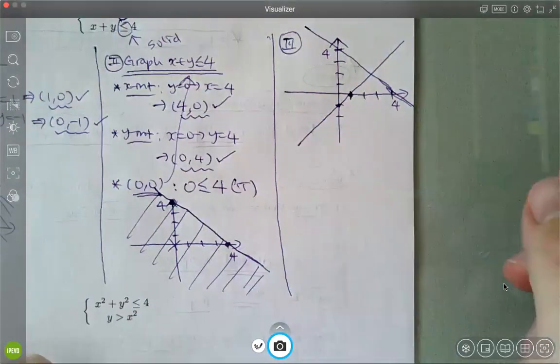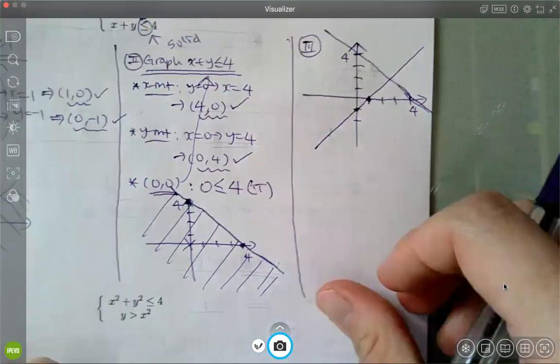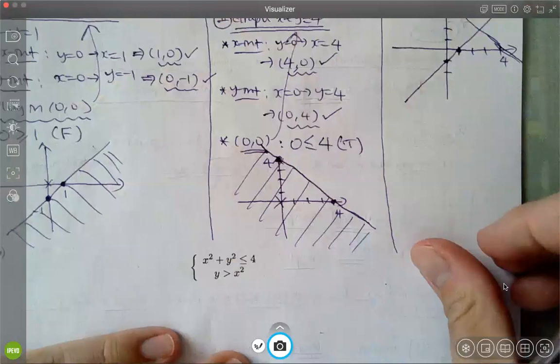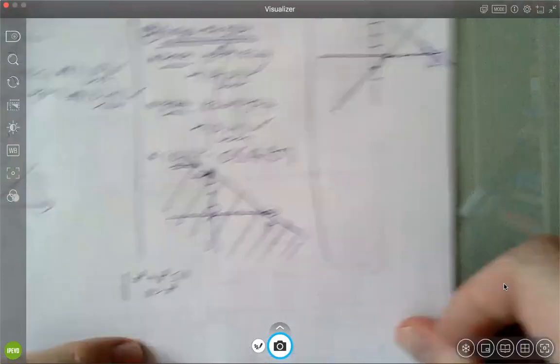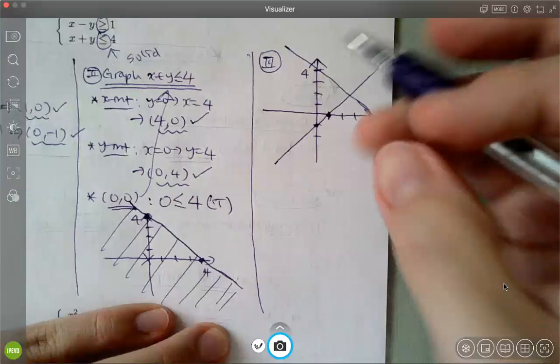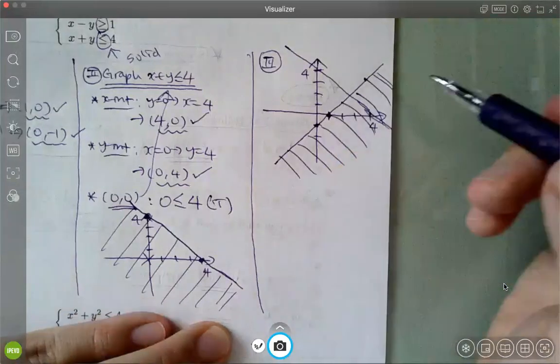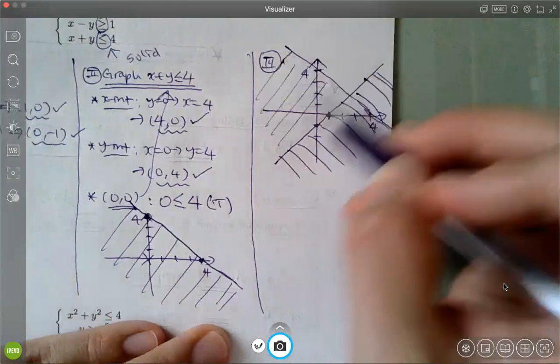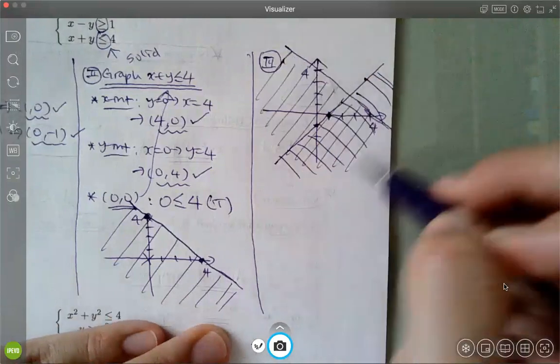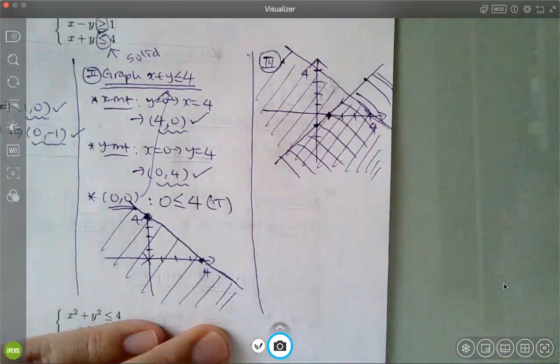And now, where do we shade? So both are below lines, right? Okay, so that means here and here. Now, do we see any overlaps?